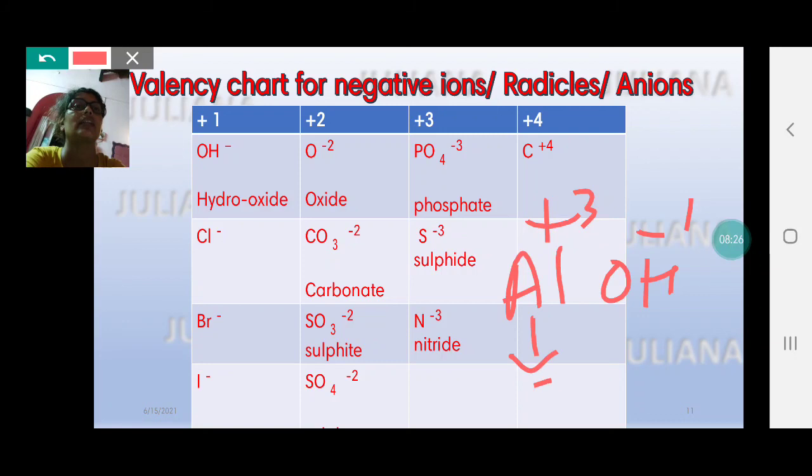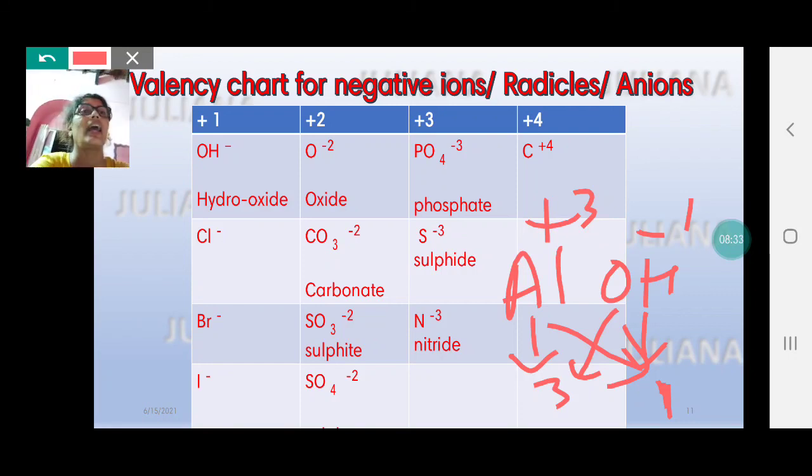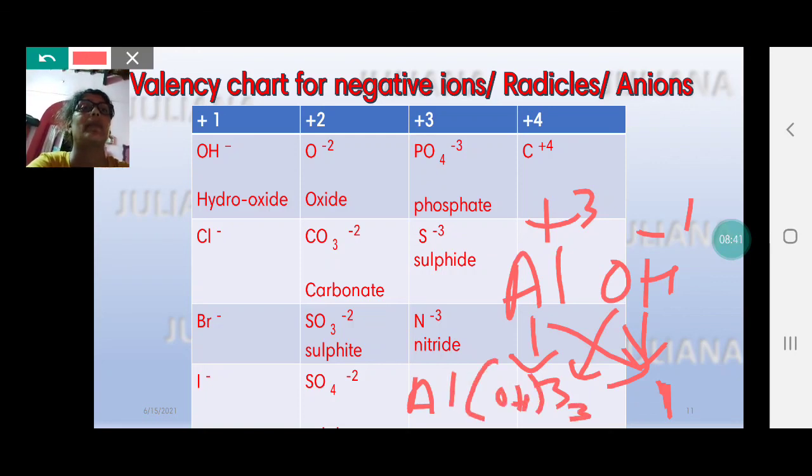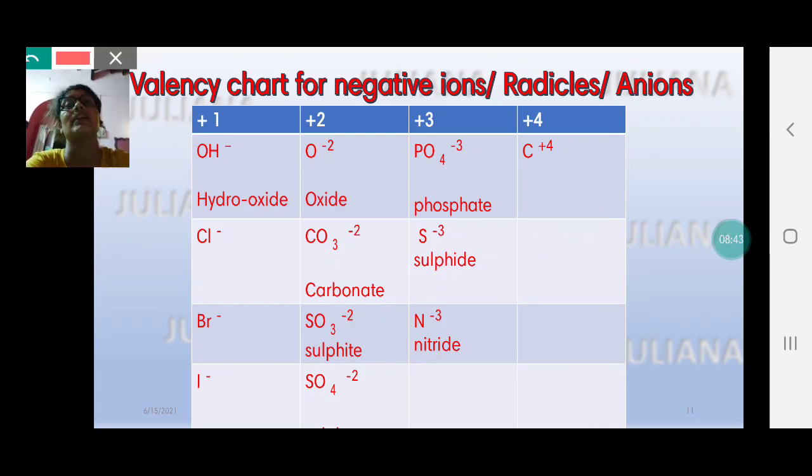So here we write 3, here we write 1, and the formula becomes Al1, which we don't write, and OH3. But we write it in brackets, (OH)3, because it's a compound radical. So Al(OH)3. This is the way we write formulas.